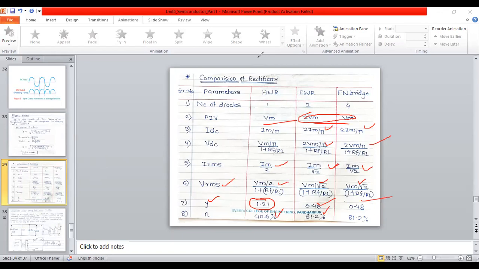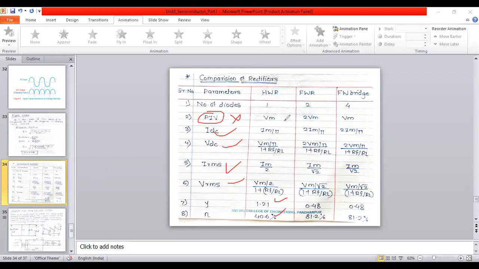We have to remember all these formulas, especially the efficiency formula and ripple factor, and IDC, IRMS, VDC, VRMS. Even if you do not remember PIV, it is not needed. Only PIV changes: full wave and full wave bridge differ in PIV and in diode count. All the other things are the same from here to here.